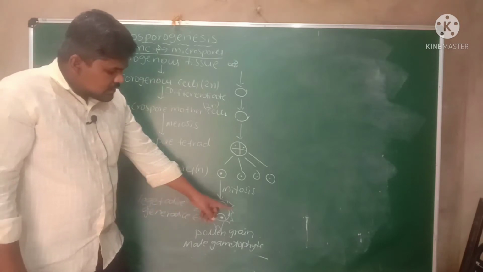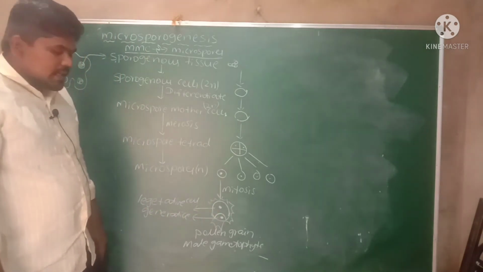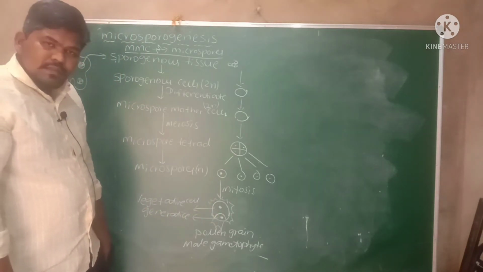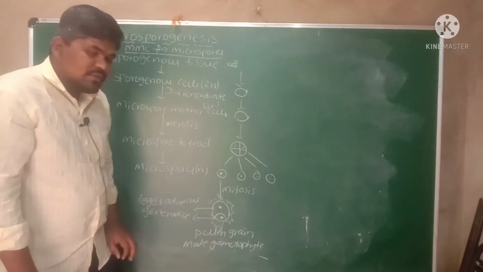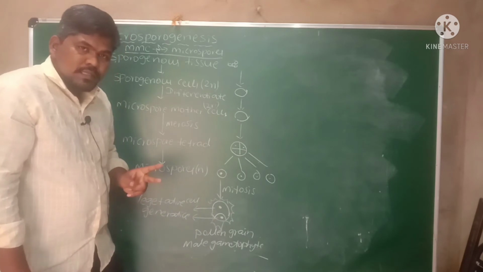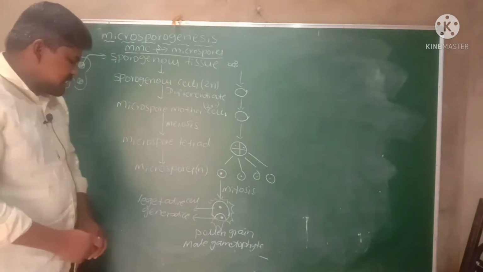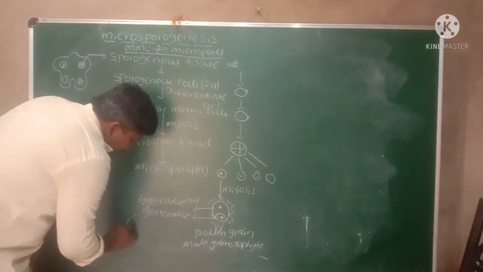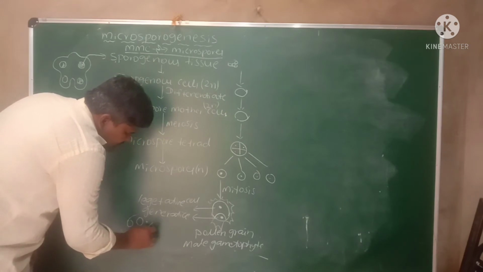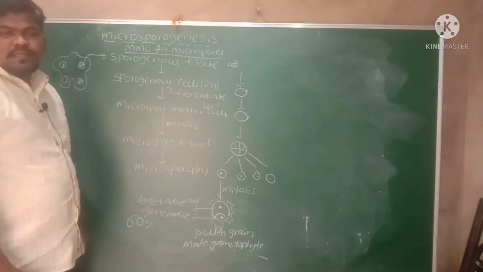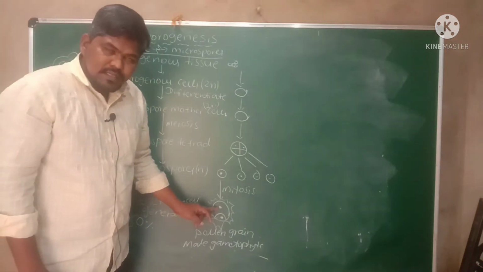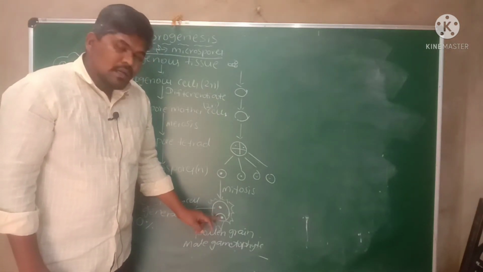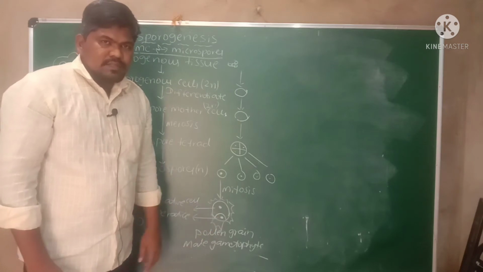Then the pollen grain is surrounded by two layers, exine and intine. Here this is the pollen grain which contains two cells, the vegetative cell and the generative cell. In approximately 60% of plants, the pollen grain is released at the two cell stage, meaning one vegetative cell and one generative cell.